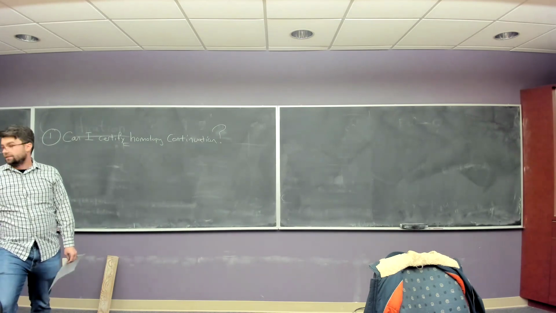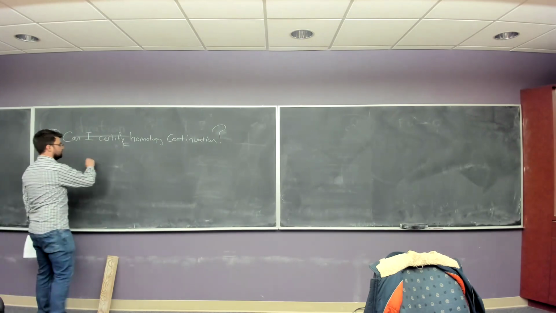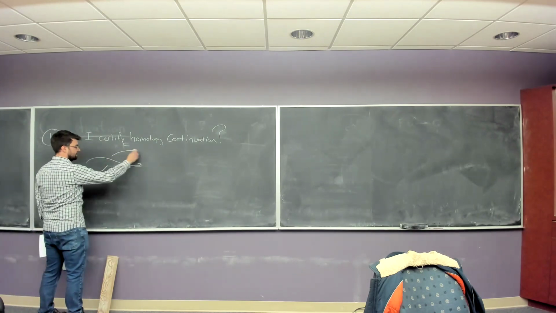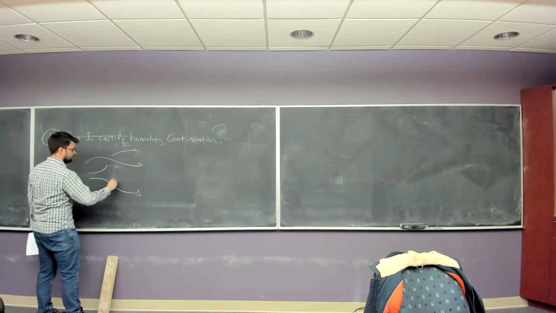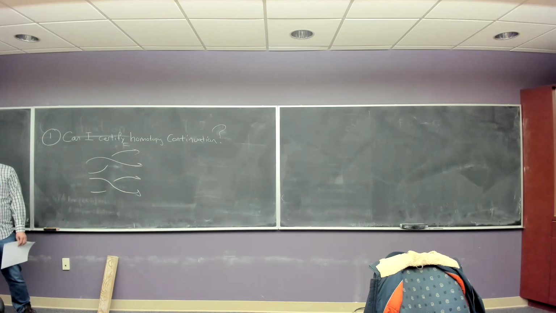What would it mean to certify homotopy continuation? Certifying homotopy continuation means certifying the actual bijection you get from start solutions to target solutions. Okay. Much harder than certifying these static, unmoving points.